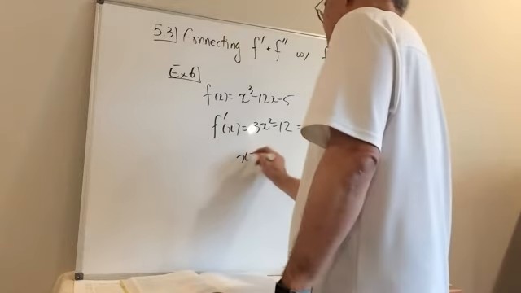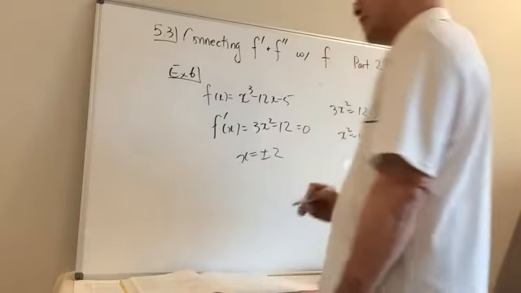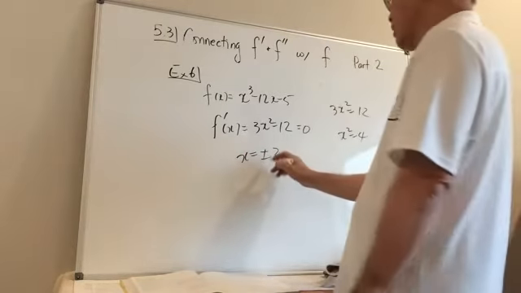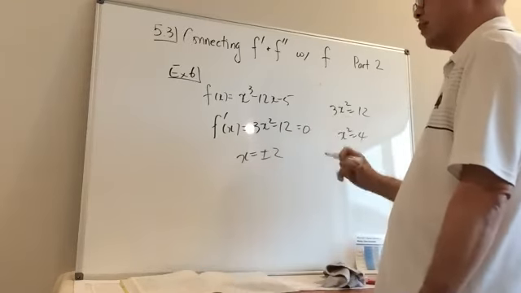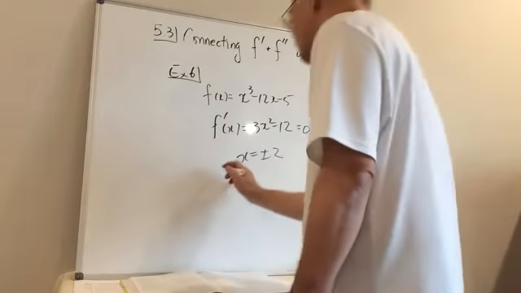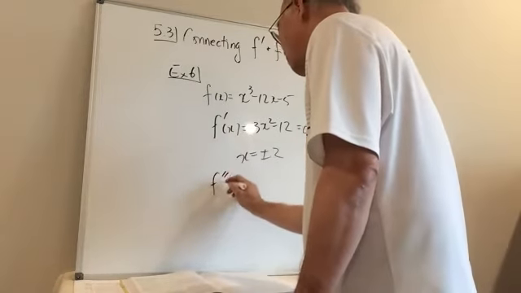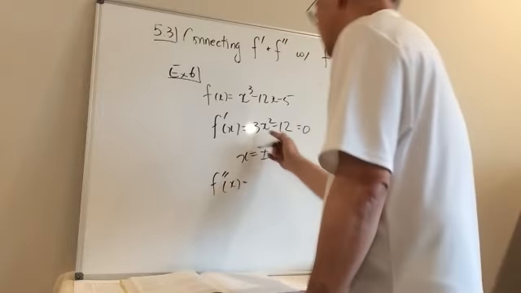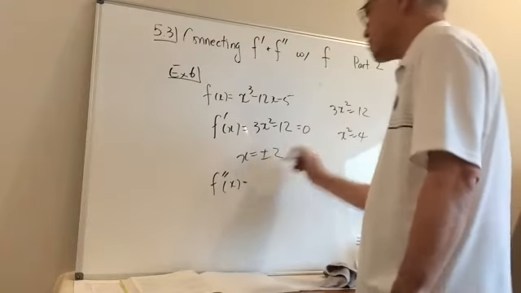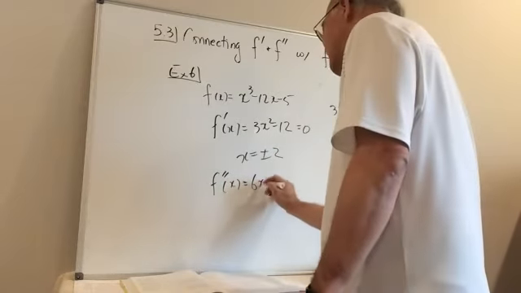So this is going to happen at x equals plus or minus 2. So I know at plus or minus 2, I'm going to get 0. What I need to find is f double prime. F double prime is the derivative of this, which is 6x.